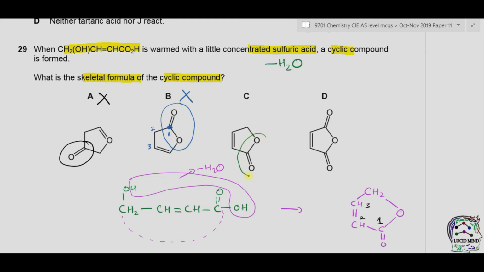In C, we have this one as the carboxylic acid carbon. So if it is 1, then the double bond is present between second and third. This is correct. And in total, we have 4 carbon atoms. So C could be the correct option. In D, we have 1 carboxylic acid and 1 ketone, which is not possible. The answer is therefore C.